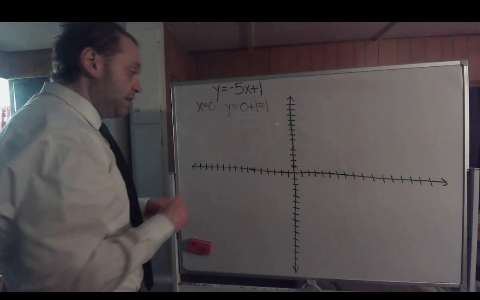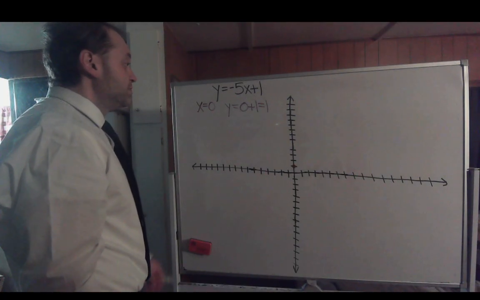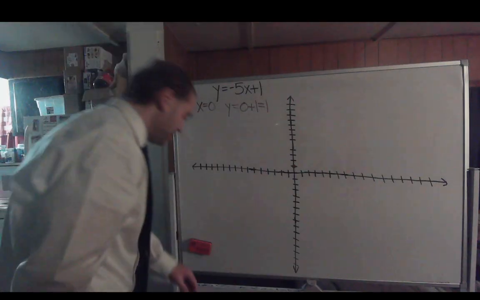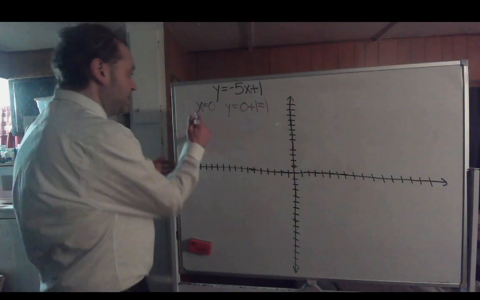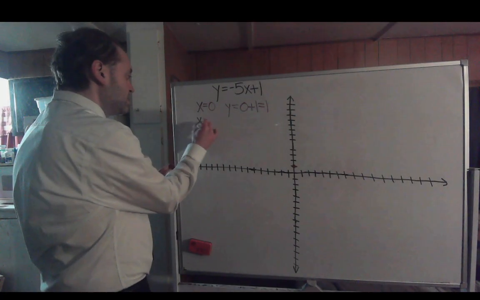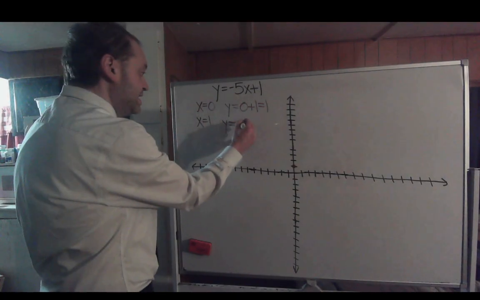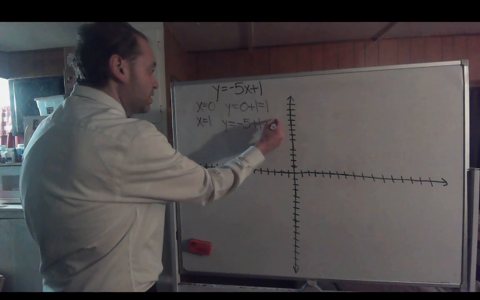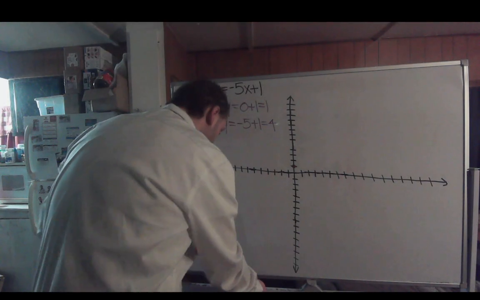All right, now let's put in something else here. What if I just put in x is 1? I could do that. So if x is 1, that gives me y equals negative 5 times 1 is negative 5 plus 1. Well, that would give me negative 4. So I would have the point (1, -4) as a point on the graph also.